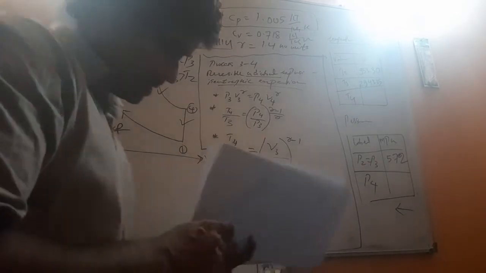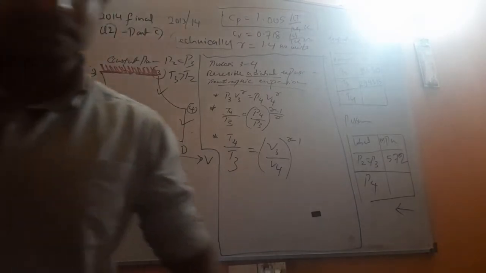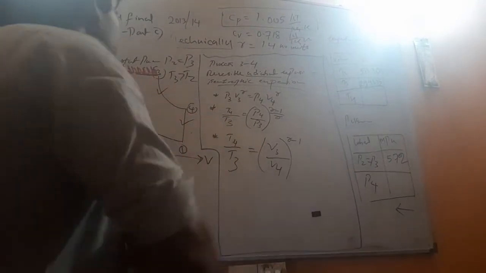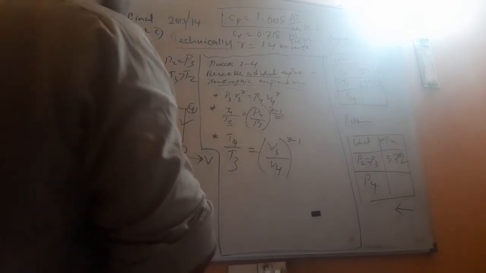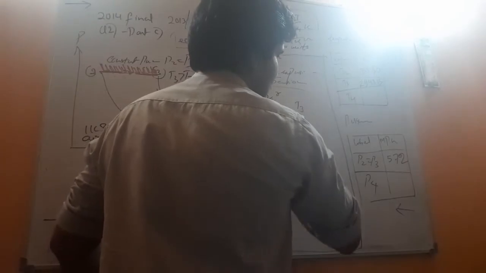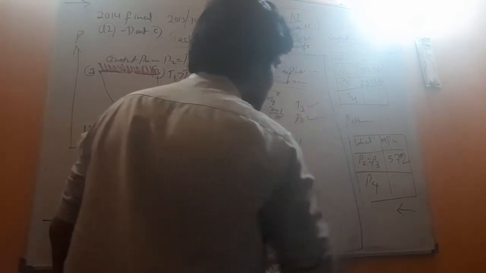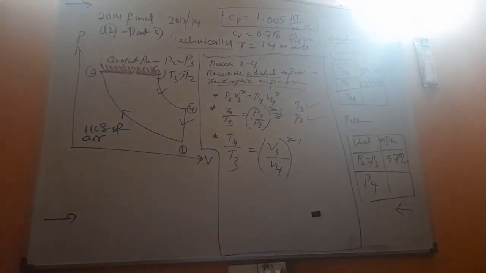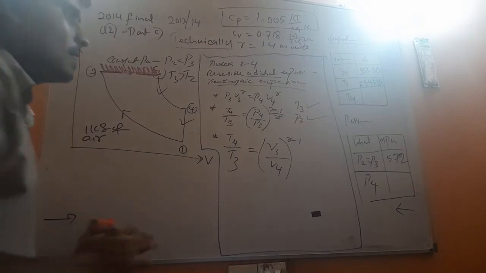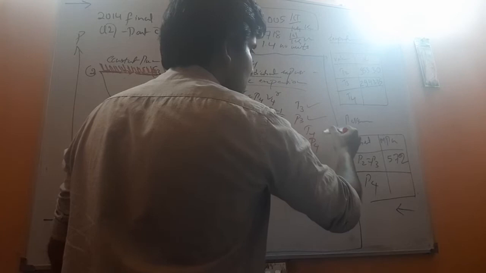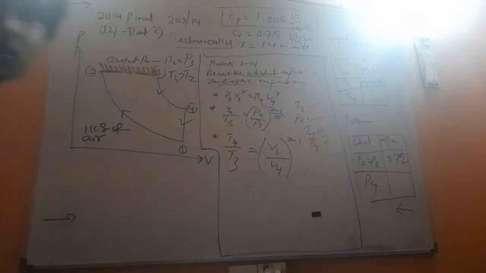Now let me analyze what are the values you know. You know T3, no problem. You know P3, no problem. And T4, P4 are the values that you have to find. You don't know that.